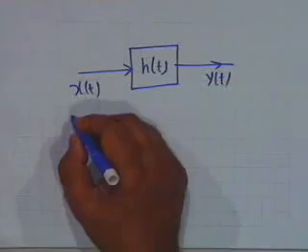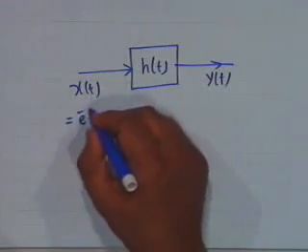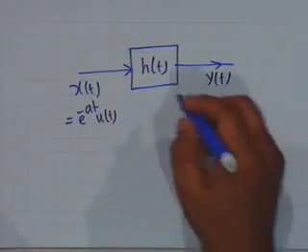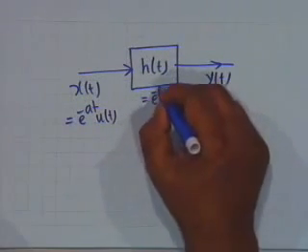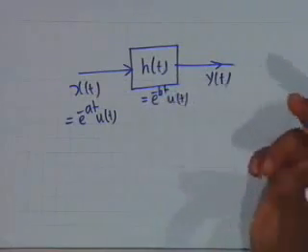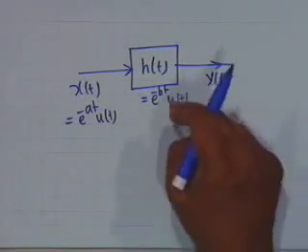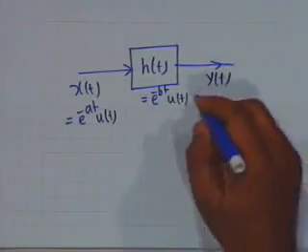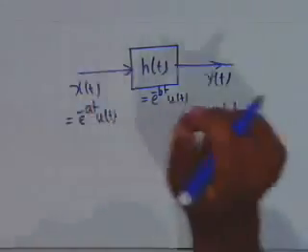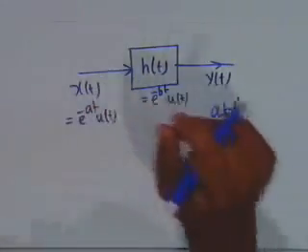Let us say x of t is e to the minus at u of t, that is just an exponential signal. And let us say h of t is also exponential, e to the minus bt u of t. This could, for example, be a simple RC circuit. Alright, impulse response e to the minus bt u of t. And to start with, let's say a is not equal to b. We will see what happens when a is equal to b later.